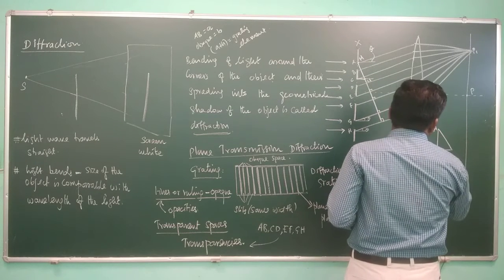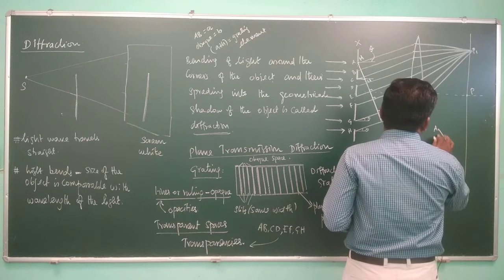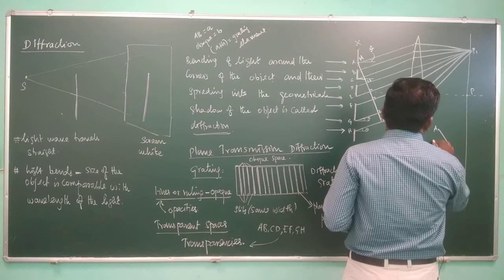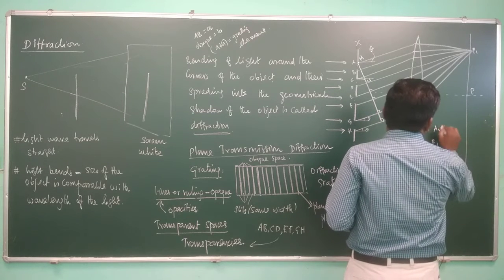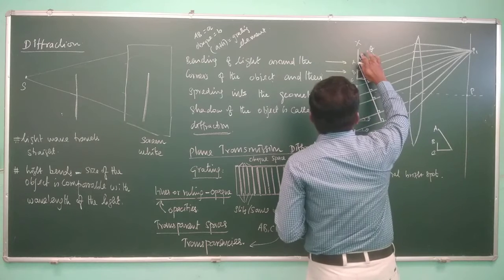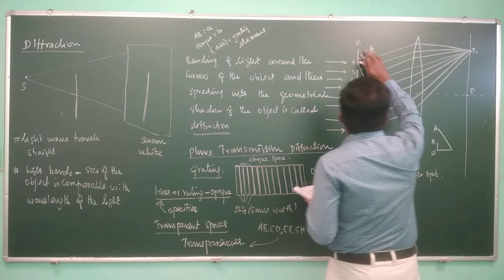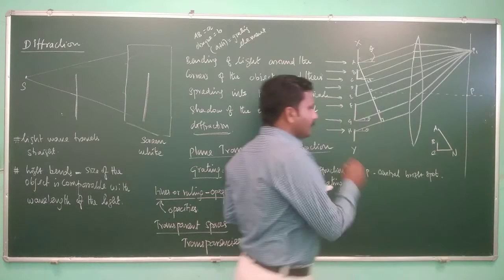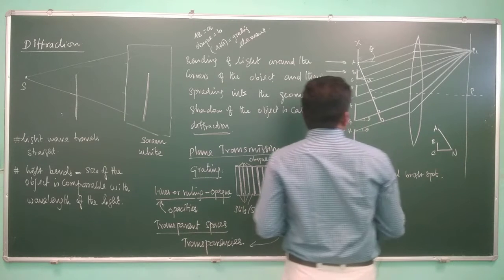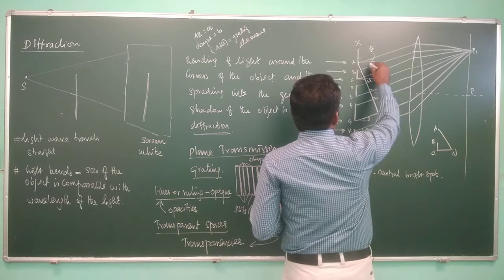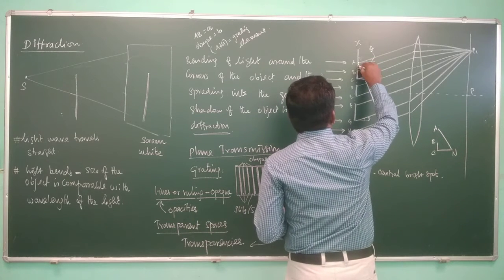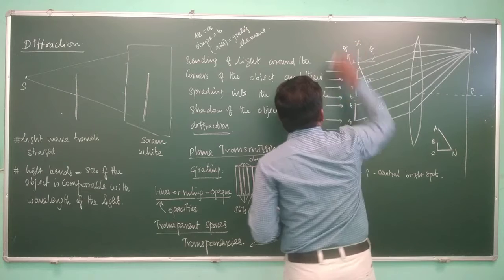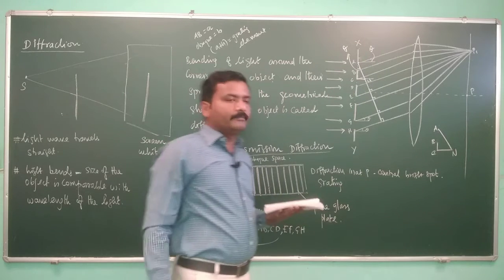This is A, this is C, and there is an opening here, B. And this is A, or M, and there is a point N here. Now here this angle is theta, similarly this angle is also theta, and this angle is also theta.